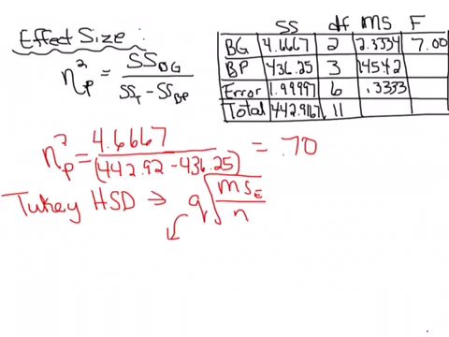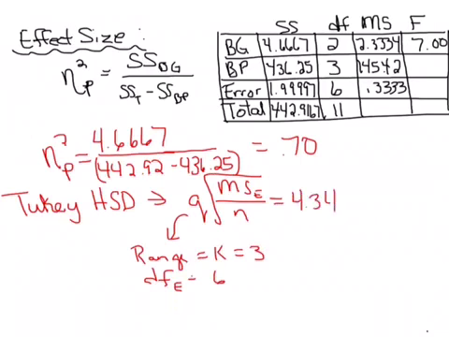The range is equal to K, which equals 3. Then we use degrees of freedom error again, which is 6. So you should be getting your Q as 4.34.